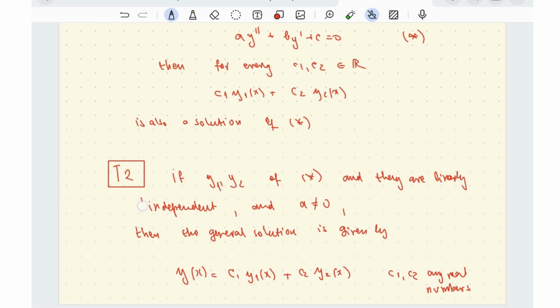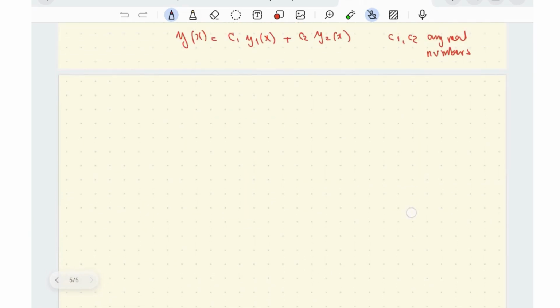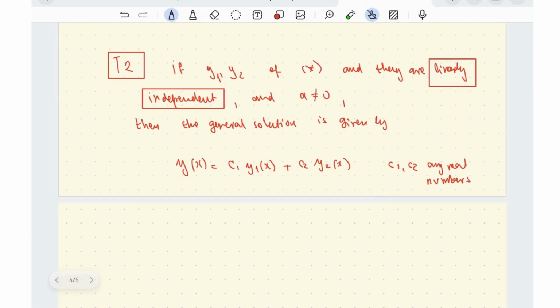Now I will just explain what linearly independent means, in case you haven't seen that concept. You have seen vectors. Basically these are regarded as vectors, just in a different space.